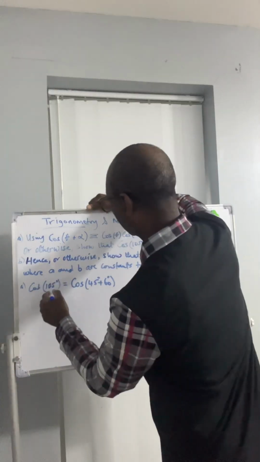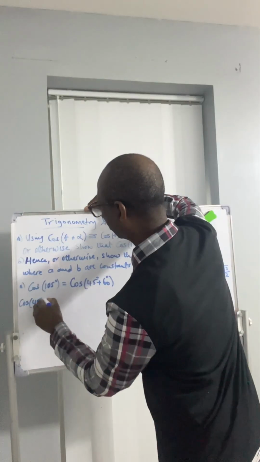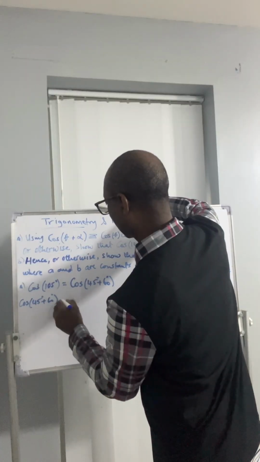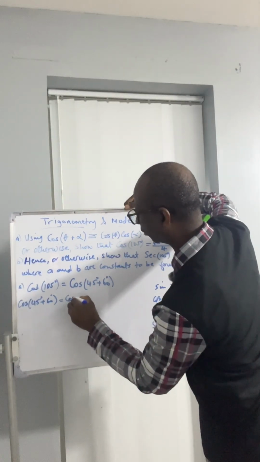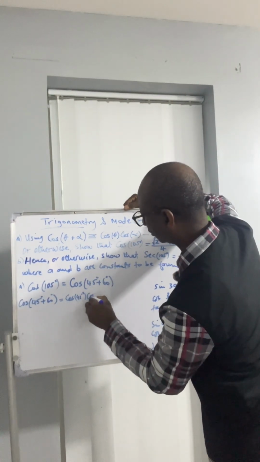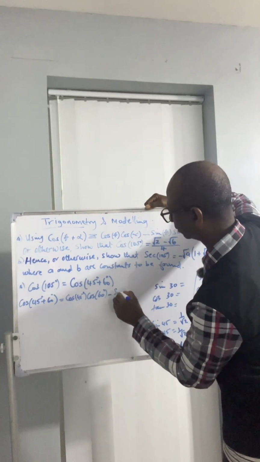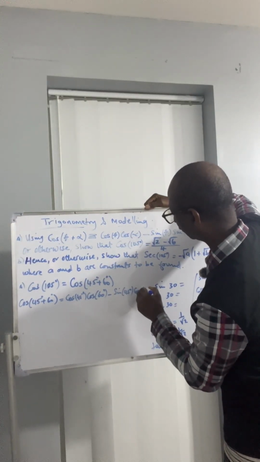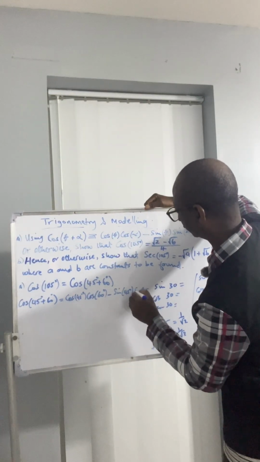You now have cos of 45 plus 60 degrees, and this gives you cos theta. This gives you cosine of 45 degrees, cosine of 60 degrees, minus the sine of 45 degrees, sine of 60 degrees.